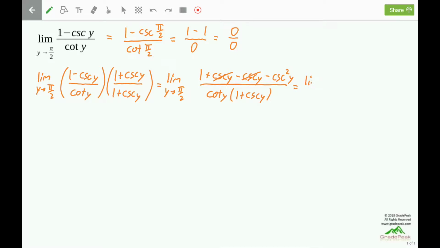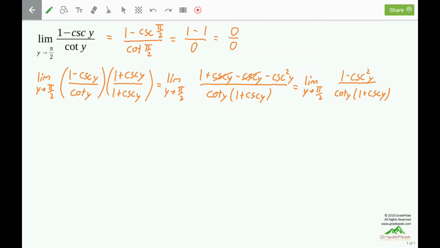Let's rewrite what we have. We should still have 0 over 0. We haven't changed that just yet. And we do. It's important to see where the 0 over 0 is happening here, because the 0 in the denominator is happening due to the cotangent.